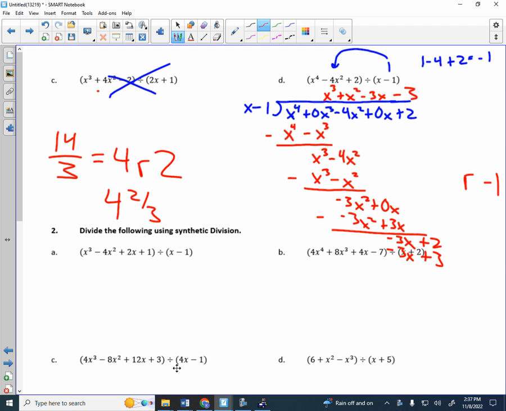Agreed? So if you look, the remainder's on top and the quotient is on the bottom, right? So the way you write this is a minus 1 over x minus 1. The remainder over the quotient. That's your result. Plus 1 over x minus 1, yes. You good with that?